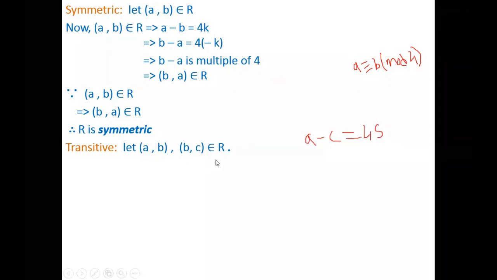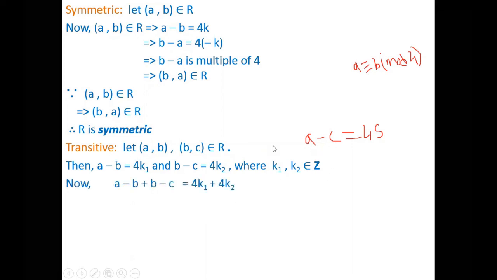Here (A, B) belongs to R implies A minus B equals 4k1, where k1 is an integer, and this comes from the definition of R. Similarly, B minus C equals 4k2. Now as I have to get A minus C, if we add these two, B cancels out, right? So we'll have A minus C.